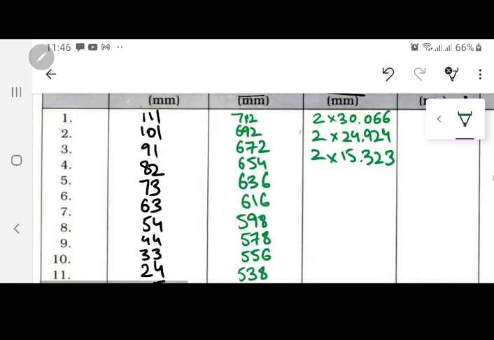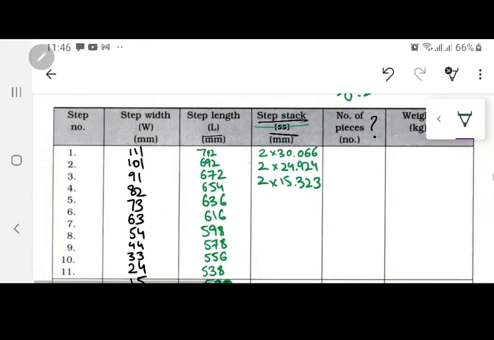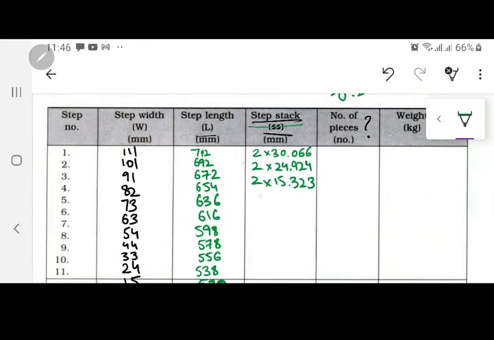Okay, now just put all the values of step stack over here. Tell me along with me, from the top, I don't have scrolling. What is next after 15.323? 10.316.